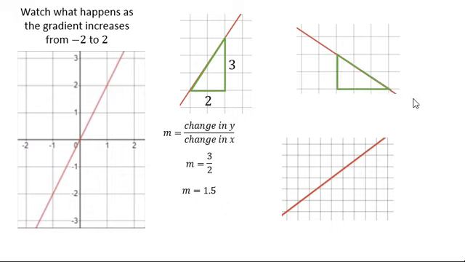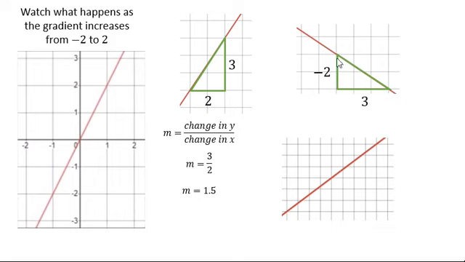So if we draw our right angled triangle there, then we have a height of 2 and a width of the base here of 3. But this time we're not going up 2, we're going down 2 when we're going right 3.